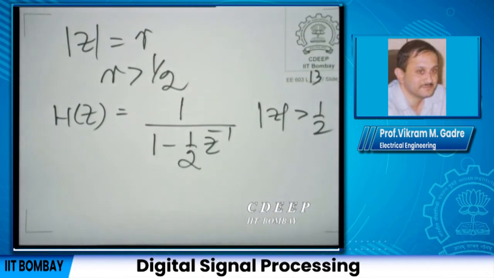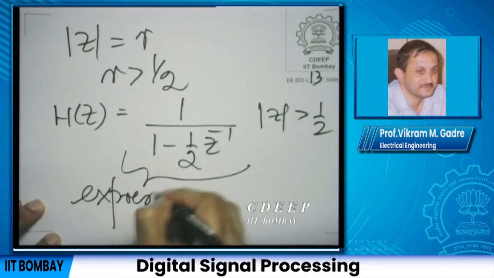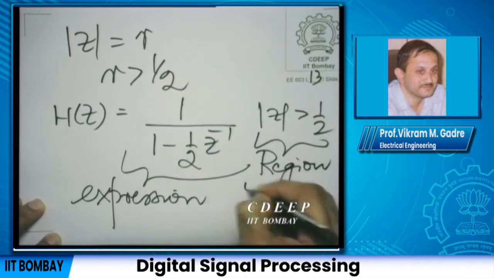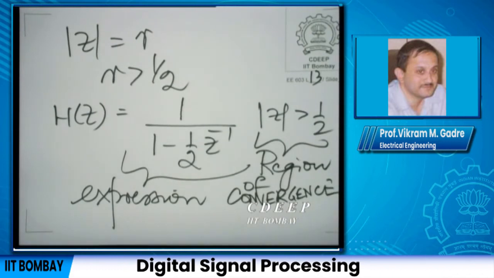Notice a z transform always has an expression and a region of convergence. A z transform is incomplete without these two. I shall shortly illustrate that if we did not specify the region of convergence here, there would be an ambiguity in the sequence.